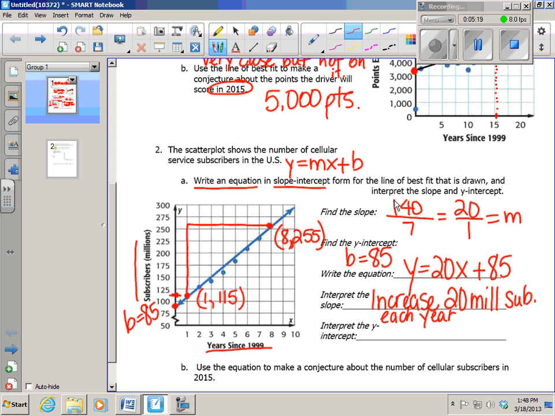Interpret the y-intercept. It means that at year 1999, because the graph goes on from there, we had 85 million already.